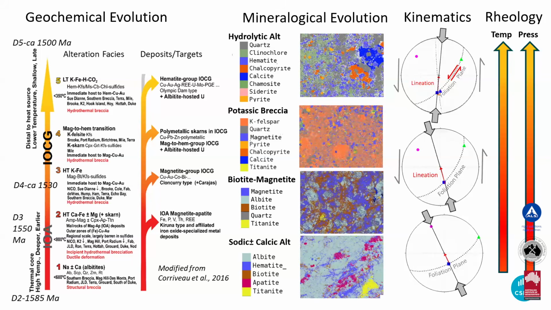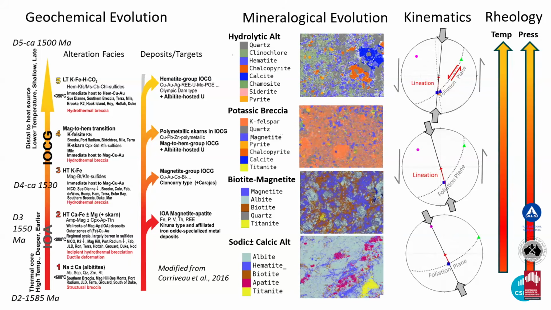We've got the high temperature calcic alteration, iron apatite alteration. We're going into the high temperature potassium iron alteration, which is the biotite magnetite over here. Then into the K feldspar alteration, which is the orange stuff there. And then we're going through this magnetite to hematite transition.